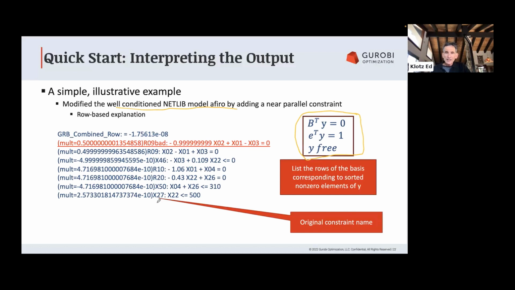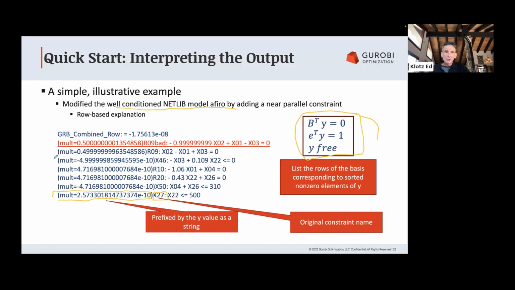Our convention here is that we take the original constraint name and we prefix it by the actual Y value that was derived when we minimize the infeasibilities in this system here over on the right. So that's what this is.